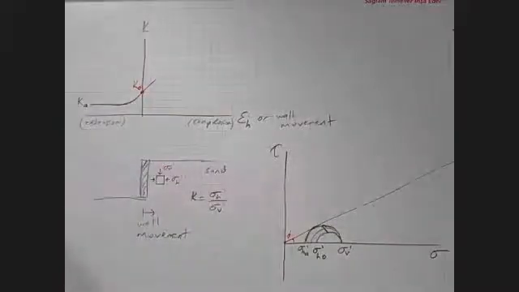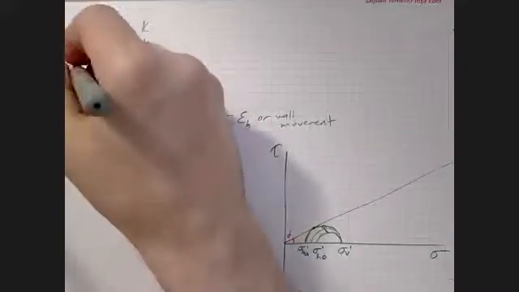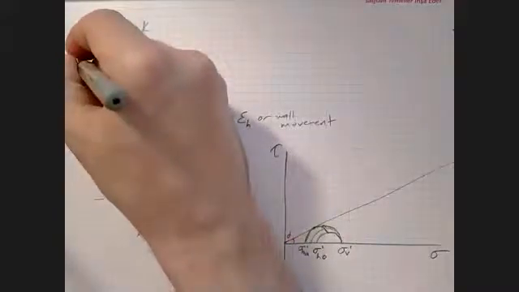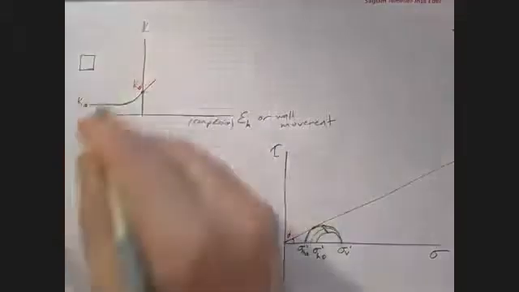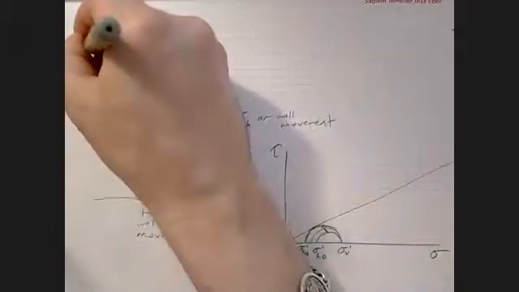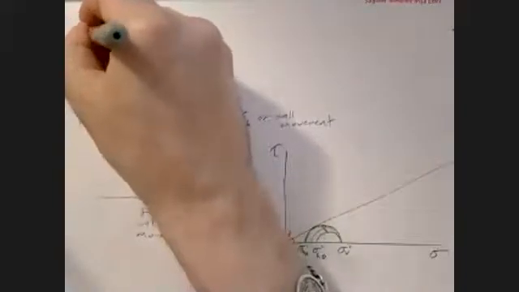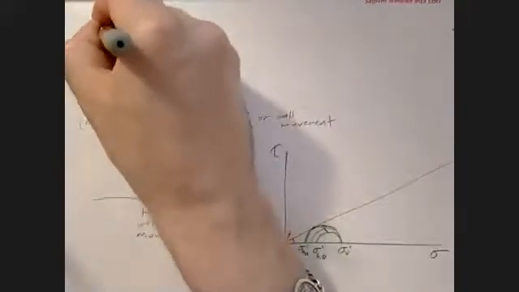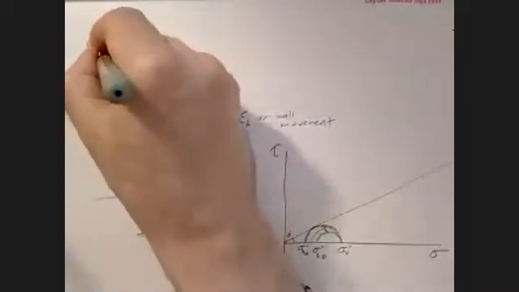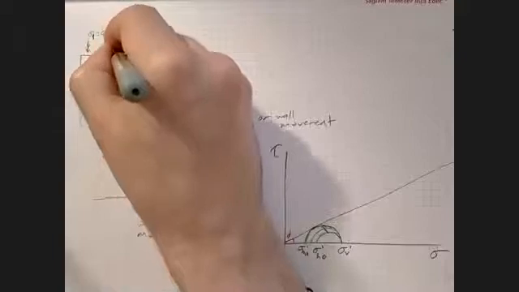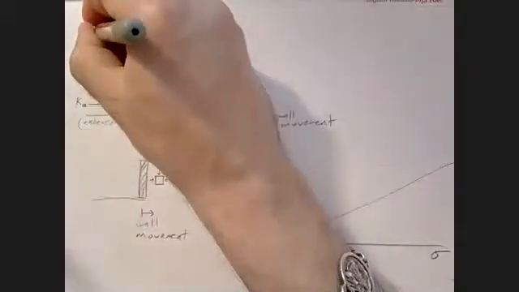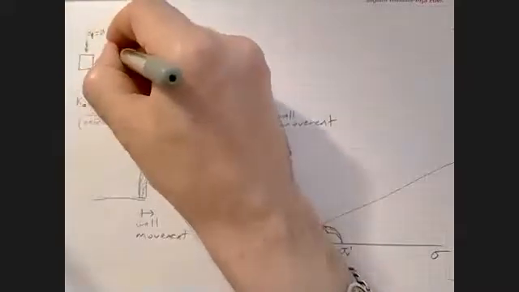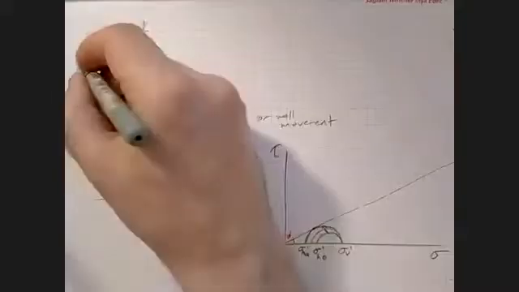Why am I calling it with a subscript A? Because remember, when we were talking about shear strength, we said if at failure your major principal stress is in the vertical direction and your minor principal stress is in the horizontal direction, then this is what you get.